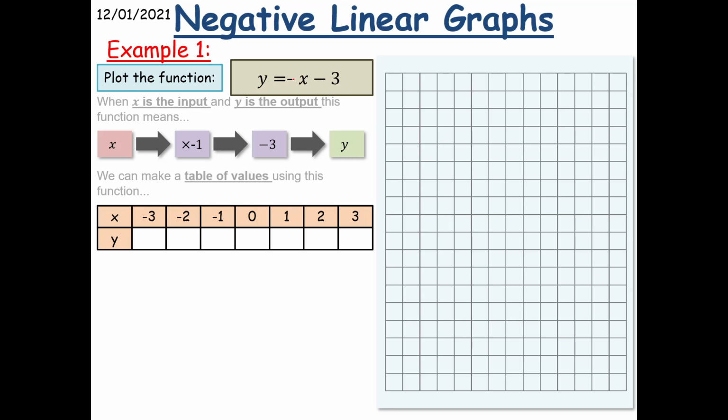So like before, it's negative x, so negative 3 is 3, take away 3 is 0, negative 2 is 2, take away 3 is minus 1, negative 1 is 1, take away 3 is minus 2, negative 0, take away 3 is minus 3, negative 1 is minus 1, take away 3 is minus 4, and then it's negative 2, take away 3 is minus 5, and then it's negative 3, take away 3 is minus 6.